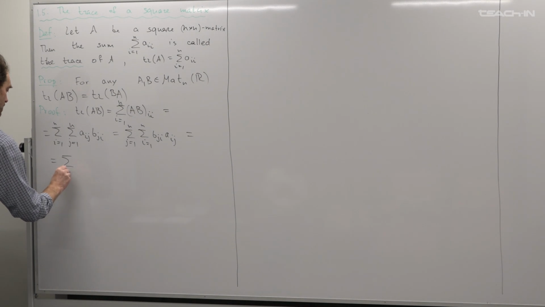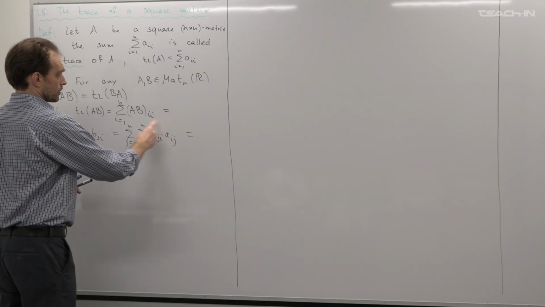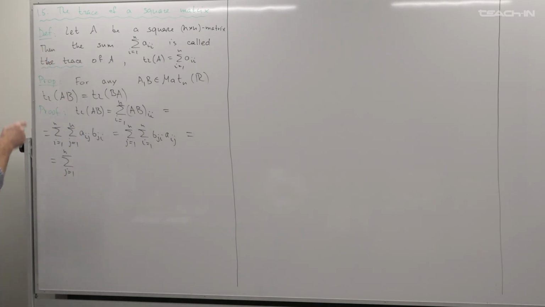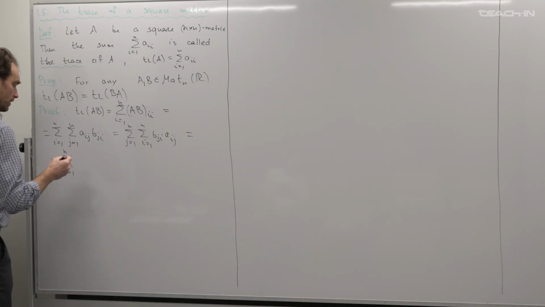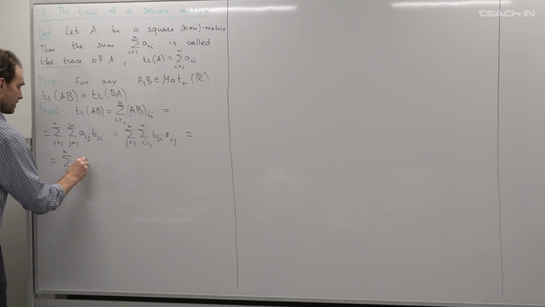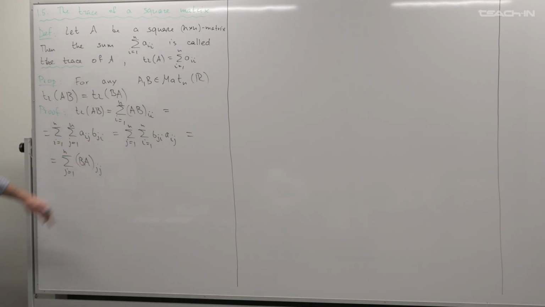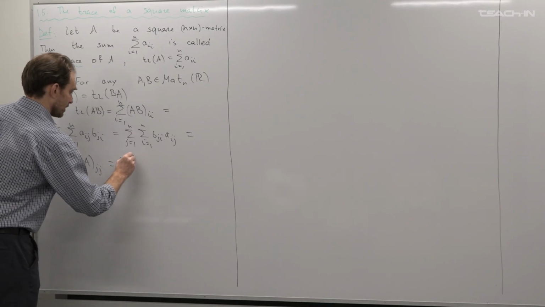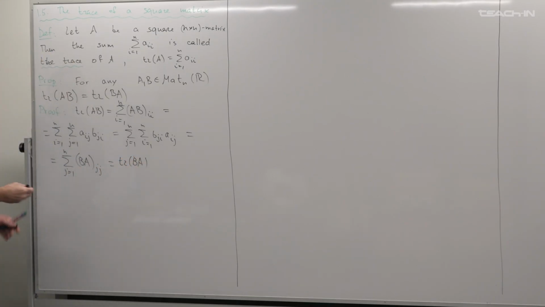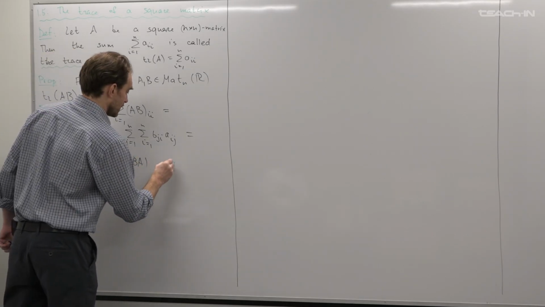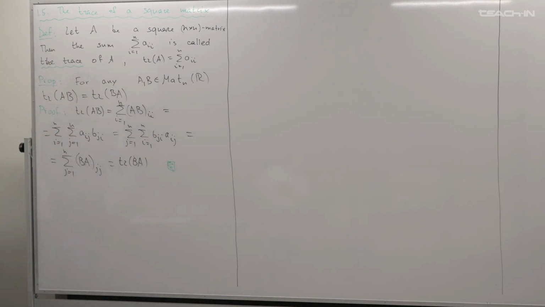Now I keep the first summation, and the expression here is just the jj element of the product of the two matrices. So this is (BA) sub jj, right? So this follows from the definition. And so here we have the trace of the product of the two matrices in the reverse order. So this proves our statement, and we see that the trace is the same for those two matrices.